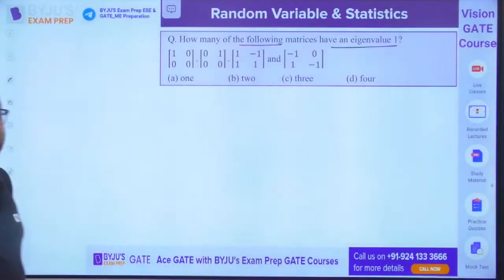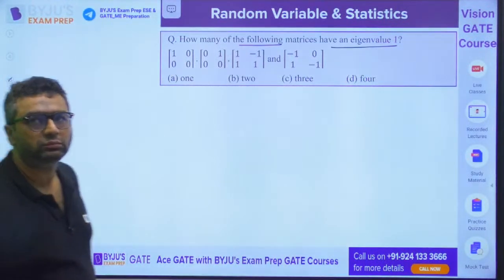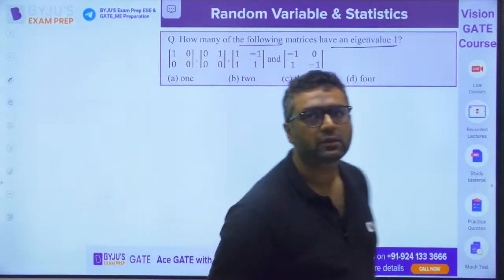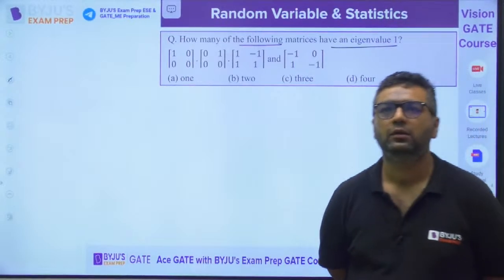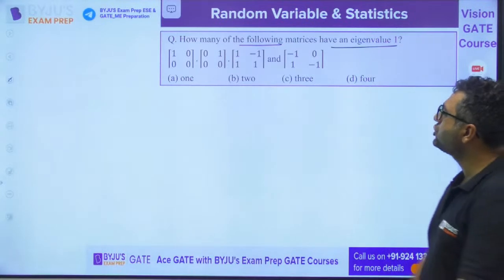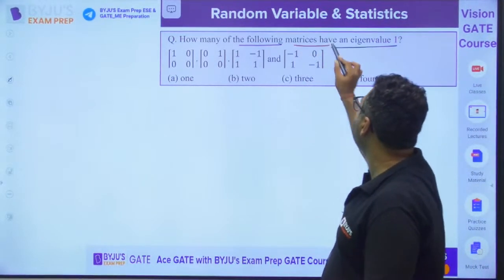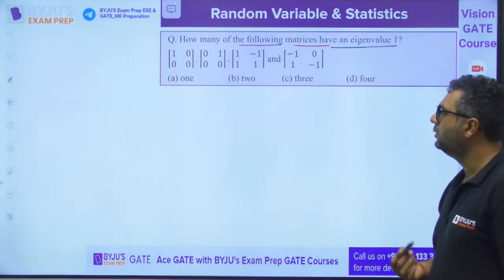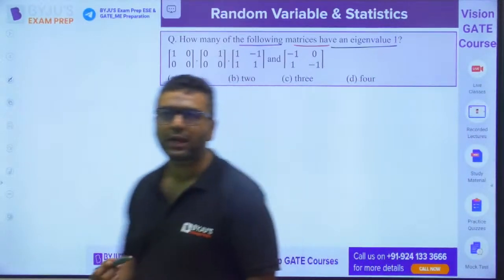So solve this question, guys, now. This question is saying how many of the following matrices have an eigenvalue of 1. So I feel you know how to find out the eigenvalues.